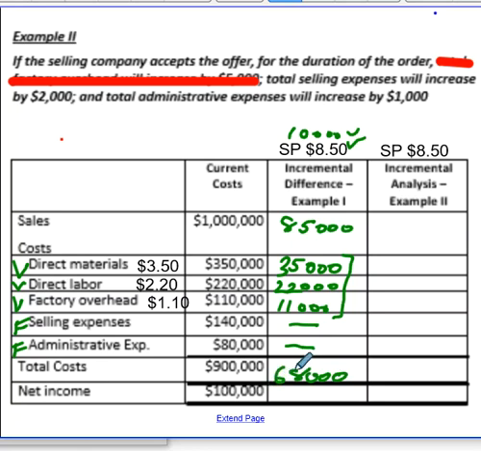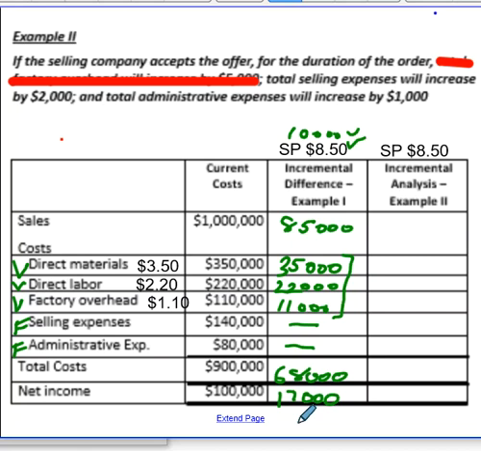I compare that to the incremental costs that are going to be incurred as a result of that order, and it's going to be $68,000. So the difference is I have an incremental increase to my net income of $17,000. So if I accept that one-time order, I'm going to be $17,000 better off than I was if I didn't accept that order.